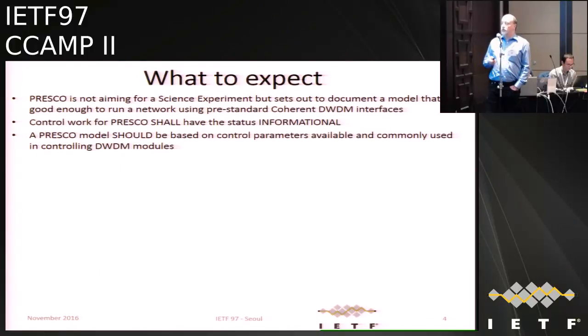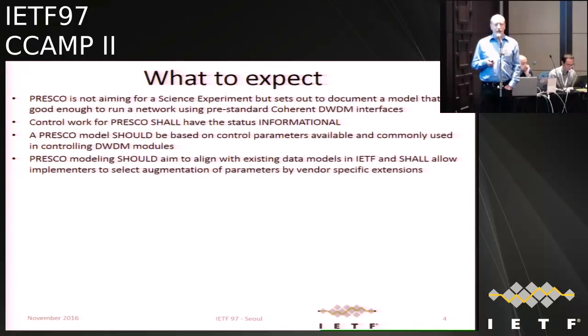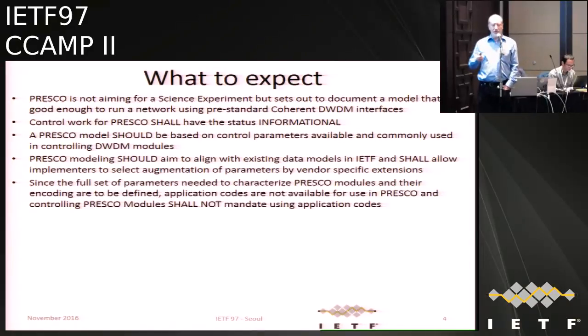The modeling should aim to use existing data models, so we don't want to reinvent the wheel, but extend what is already available. And since the full set of parameters is not 100% clear yet, because the standard didn't define them, we do not mandate using application codes.